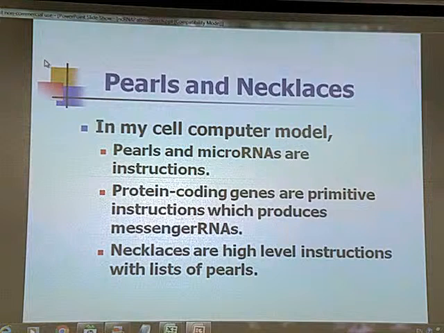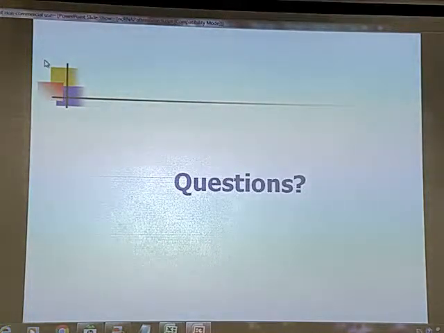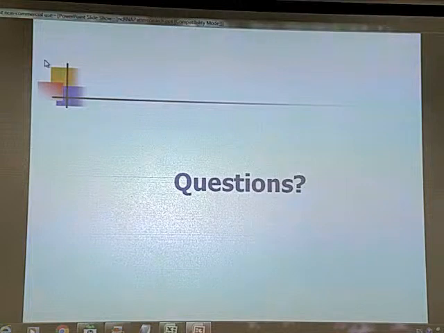Because Forth works this way: list calling list calling list. That works in Forth. There's no reason why it cannot work in a cell computer. It's just that we need to identify all these pairs or microRNAs correctly. Okay, let me just show you some results, and then call it a morning.